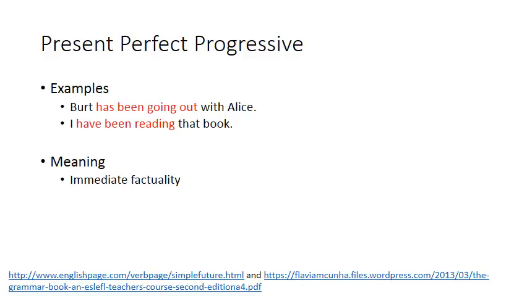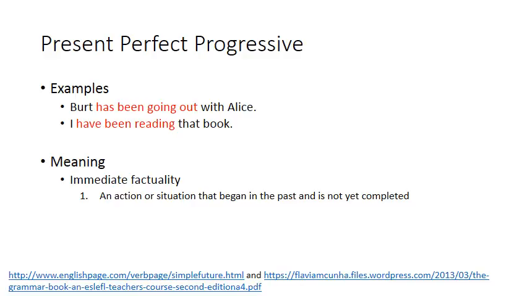So in the first example, Bert has been going out with Alice. The first event is him starting to go out with her. But the second event that we're talking about is right now. And in the second one, I have been reading that book. The first event is starting to read that book, and the second event is right now, or maybe event's not the right word, maybe time is better.